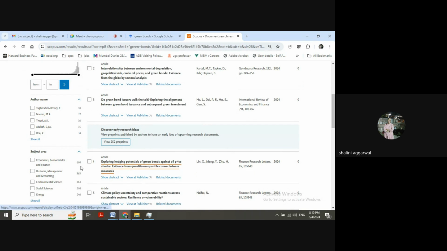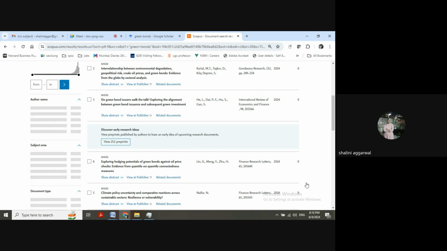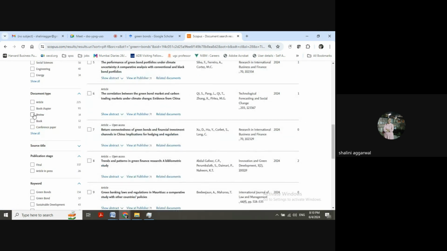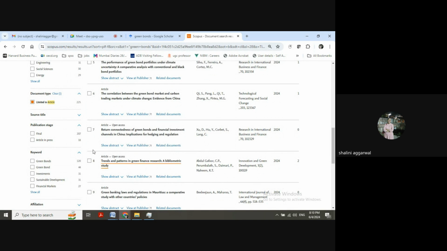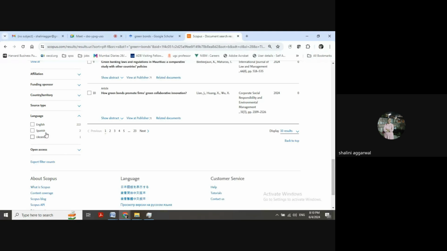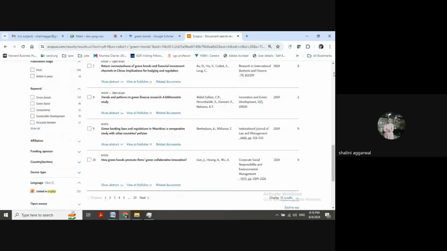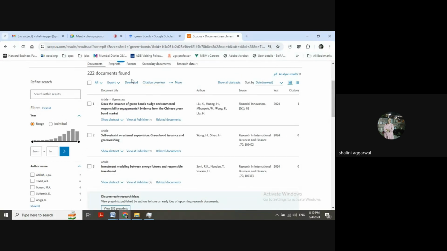Here you can put restrictions, you can limit the results. It will be 363 articles if you limit this. Then, limiting to English ones, you now have 222 documents.